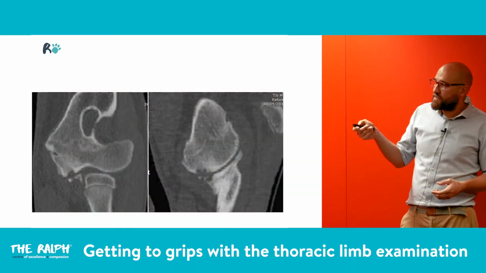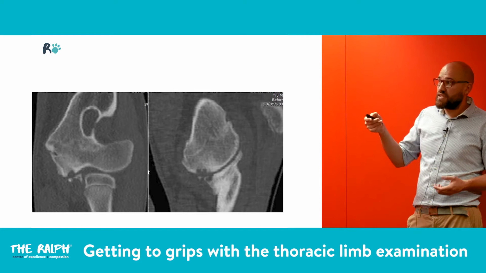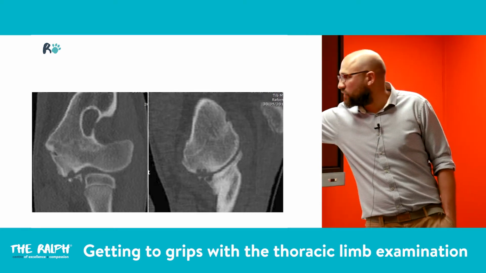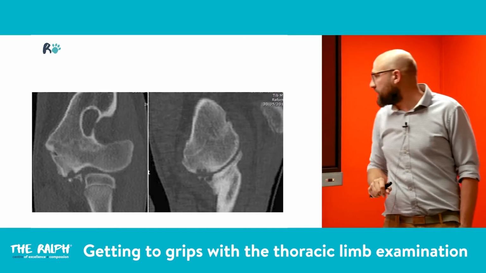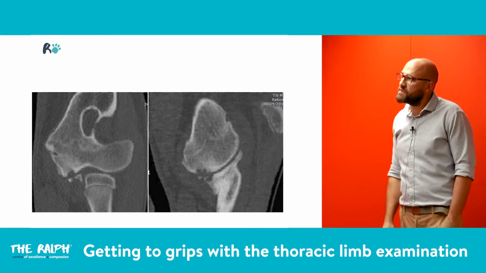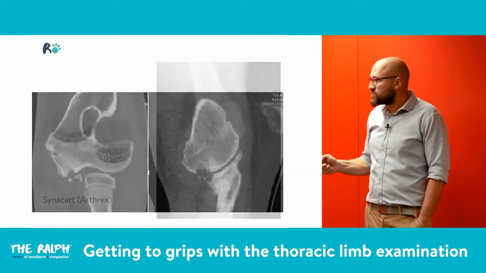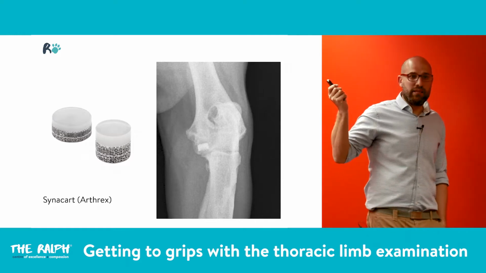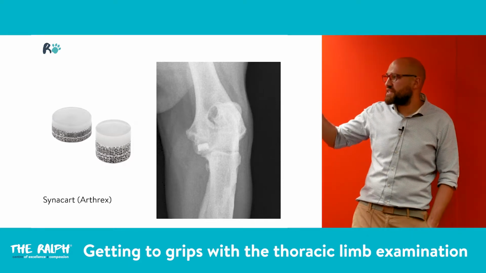And usually that's how they look on the CT scan, which is pretty obvious. You can see a massive hole in the cartilage there, and this one is on the medial lateral view. For this kind of problem, my preferred treatment is to use the Synacart.